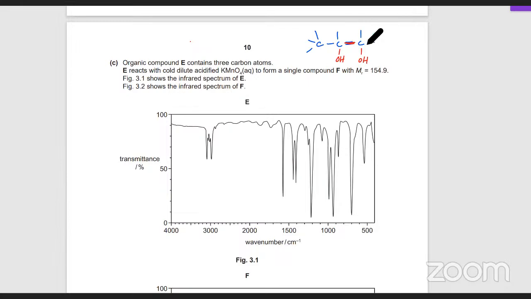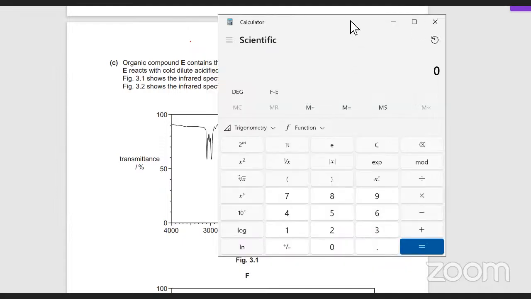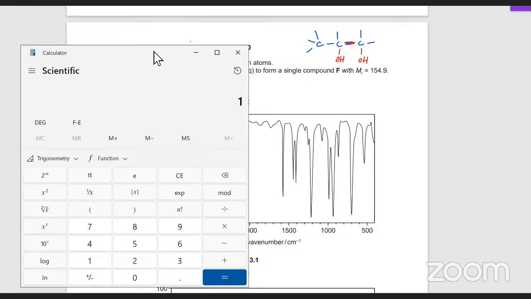Check the Mr to see whether this is what's coming out. That's 3 carbons, that's 36. The Mr isn't even close. E contains 3 carbon atoms. E reacts with cold KMnO4 to form a single compound F. Let's calculate it. 3 carbon atoms, that's 12 times 3, that's 36, plus OH is 17 plus another 17.